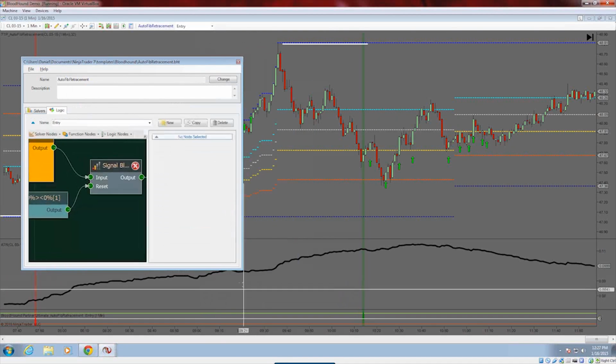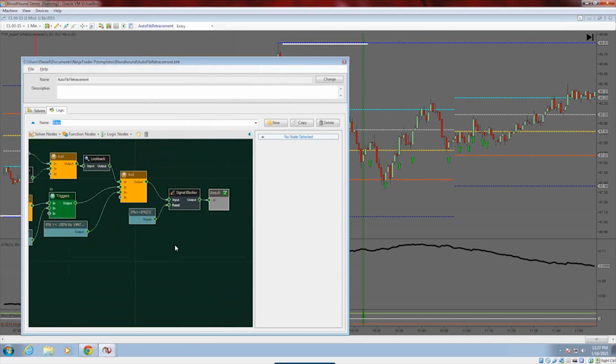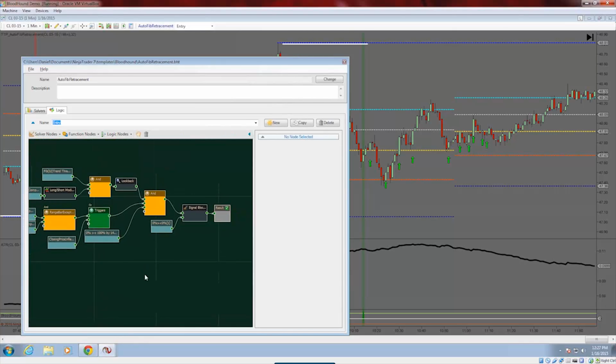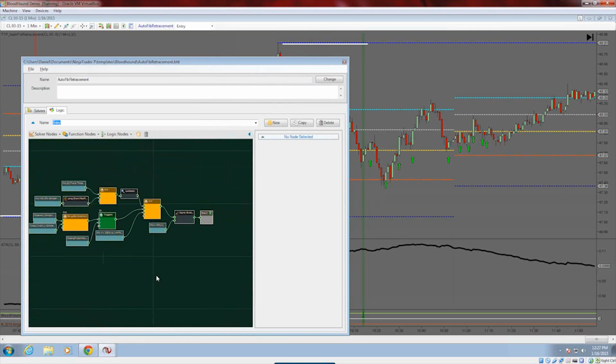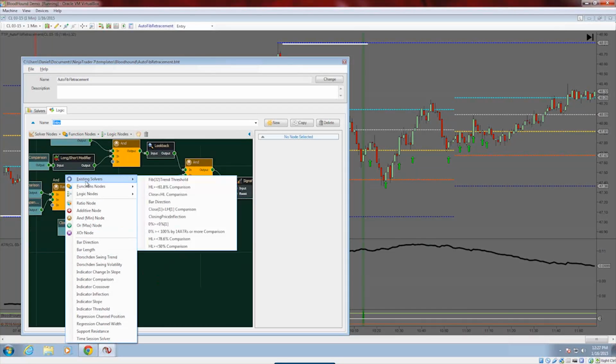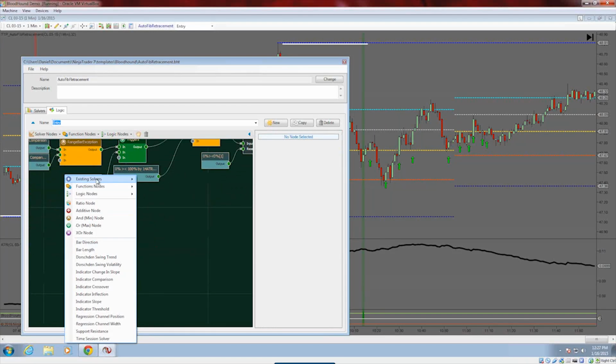So now let me add this to the logic board. And in case you don't know, I'm using the center mouse wheel to zoom in or zoom out. Okay, so I'll right-click existing solvers. I'll add the 78.6 and the 50.